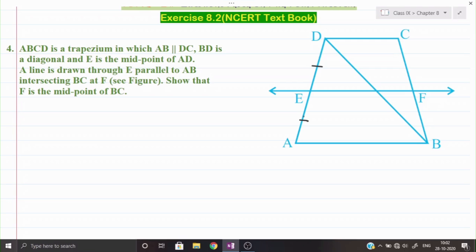First of all, we'll make one small modification in the figure. This point I am supposing as O; you can take any other name also. First of all, I will write down the given things.